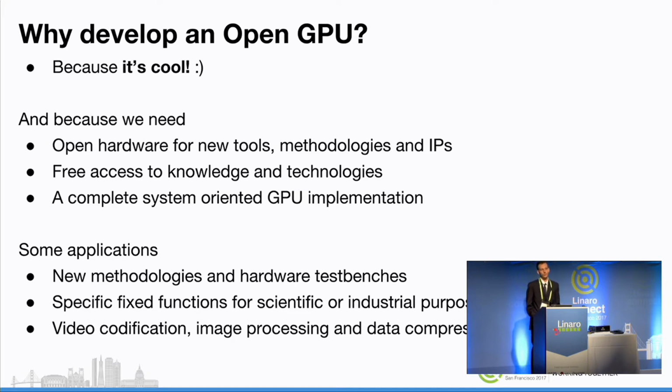Developing an OpenGPU is a very cool thing, so I think it's a good reason, but we have more. We need open hardware for new tools, methodologies, development, and IP cores. Free access to knowledge and technologies, and a complete system-oriented GPU implementation. That's because, as far as I know, the current GPU implementations that are open are very specific.